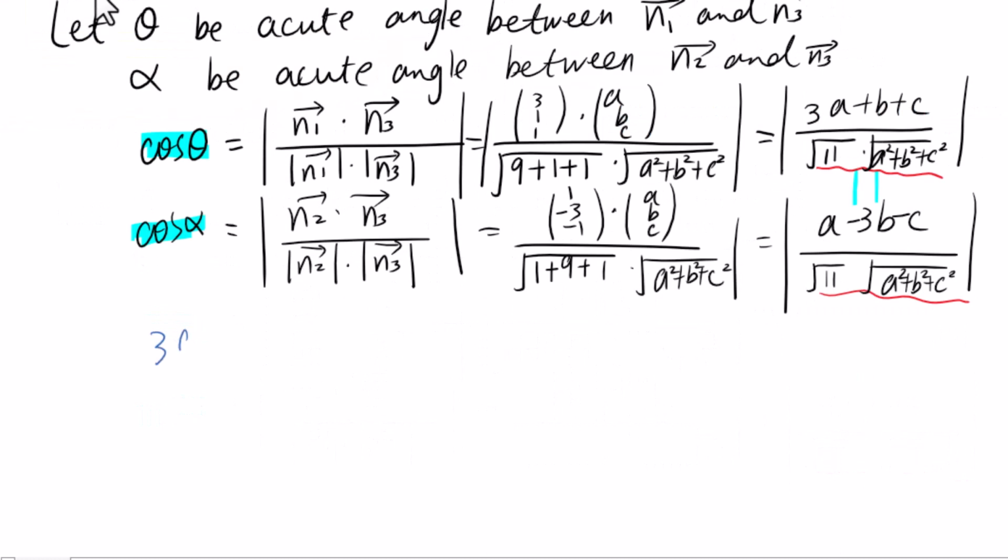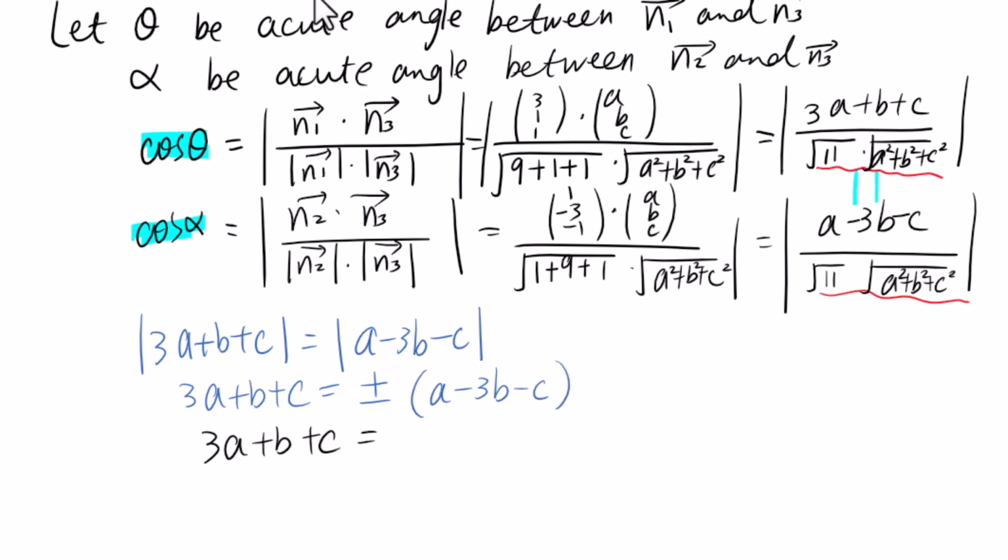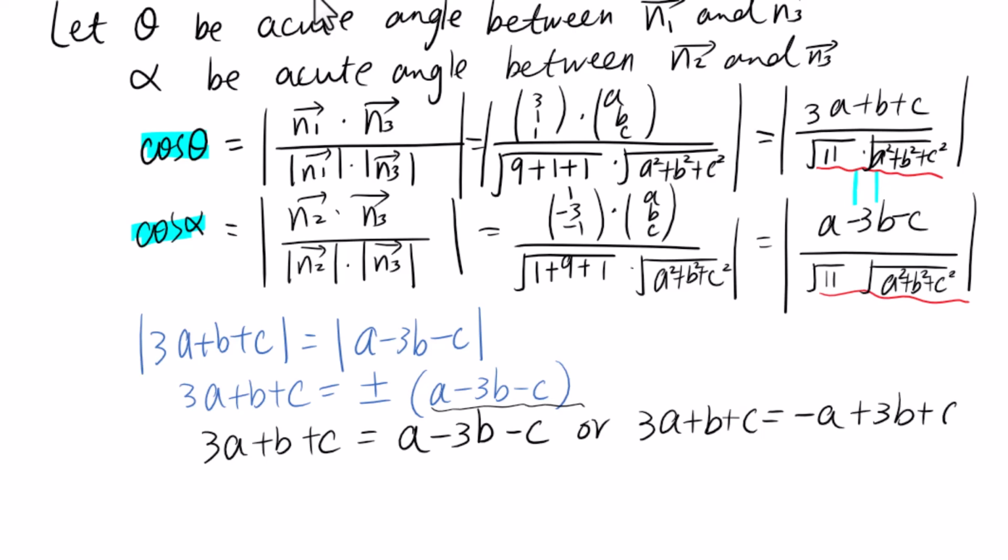So we get absolute value of 3A plus B plus C equals absolute value of A minus 3B minus C. Get rid of the absolute value: 3A plus B plus C equals plus or minus A minus 3B minus C. So 3A plus B plus C equals A minus 3B minus C, or 3A plus B plus C equals the opposite of A minus 3B minus C, negative A plus 3B plus C.